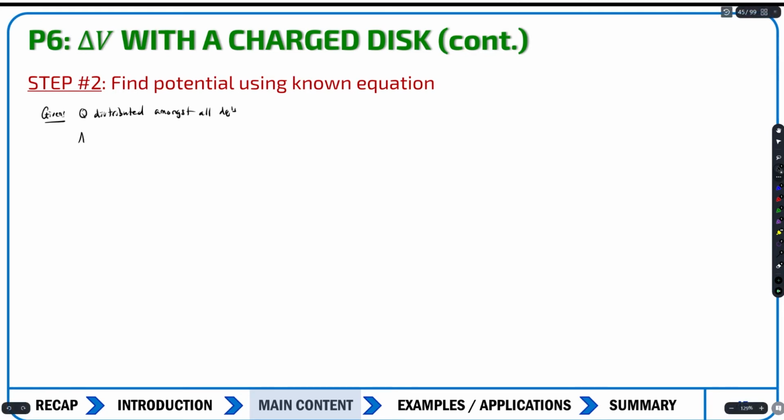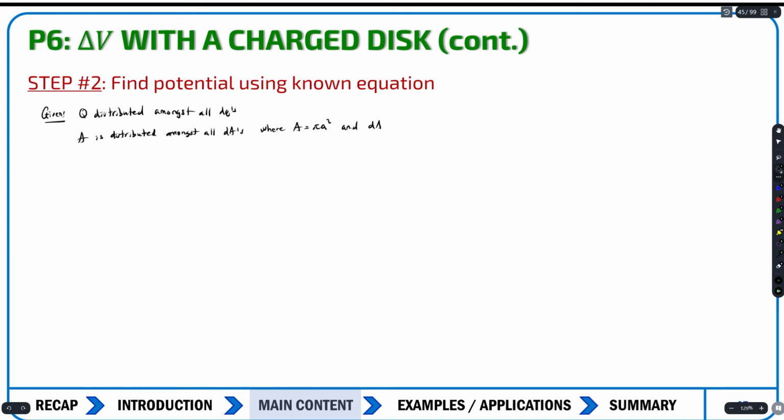We know that A is distributed, that's the surface area, amongst all the dAs, where the surface area is going to be equal to pi r squared, or pi a squared.